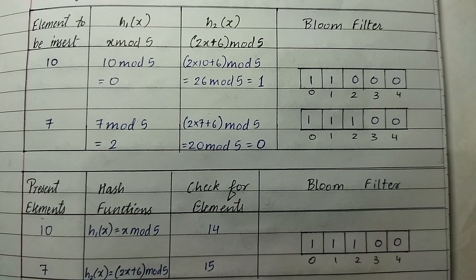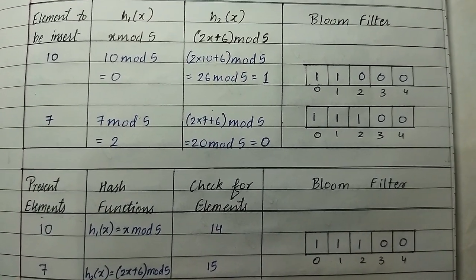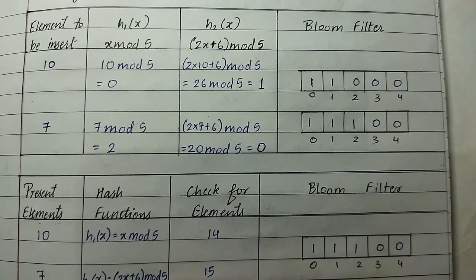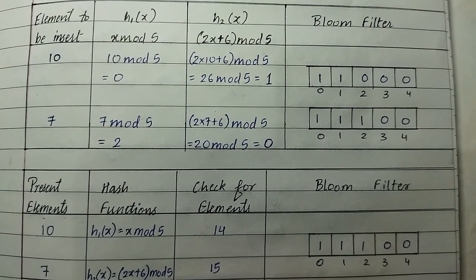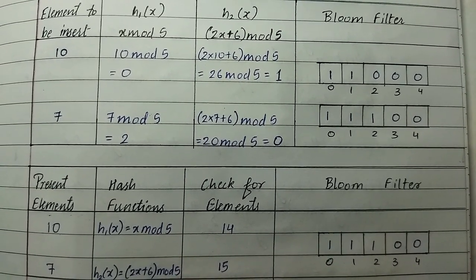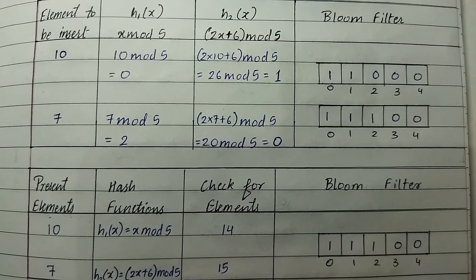So now we'll insert the element 7. After performing hash 1 function and hash 2 function on 7, we get the indexes as 2 and 0.